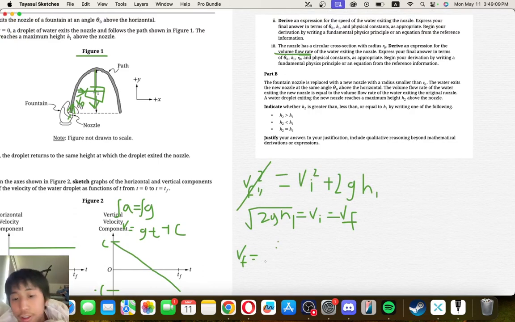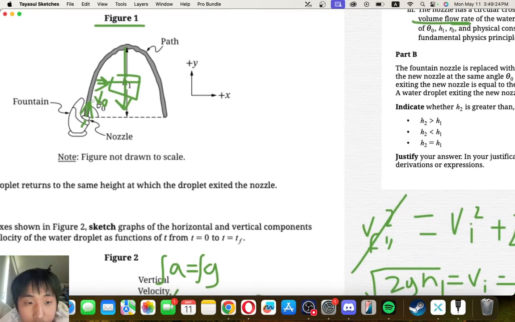I don't know anything. A V1 equals A V2. I don't know what the A is for the second one.